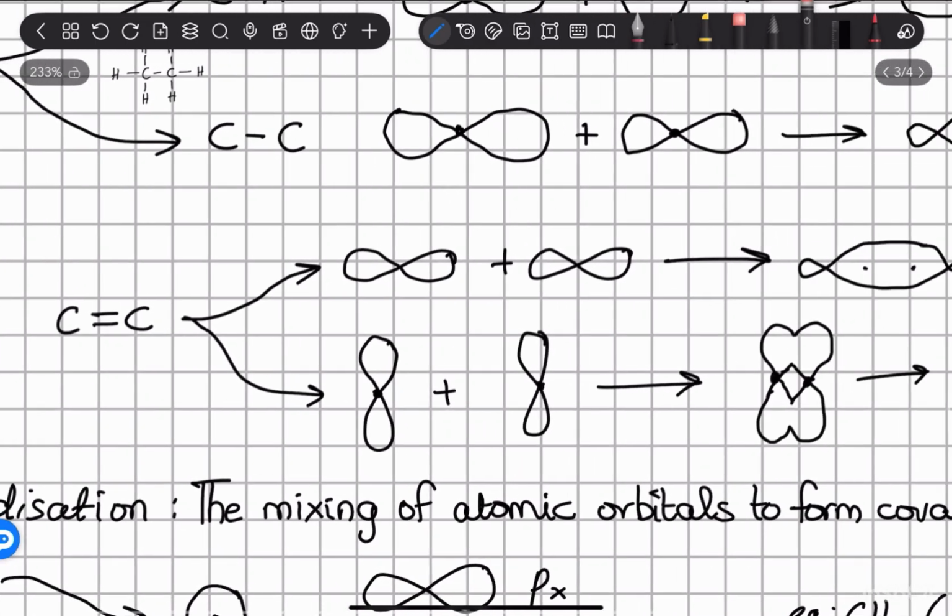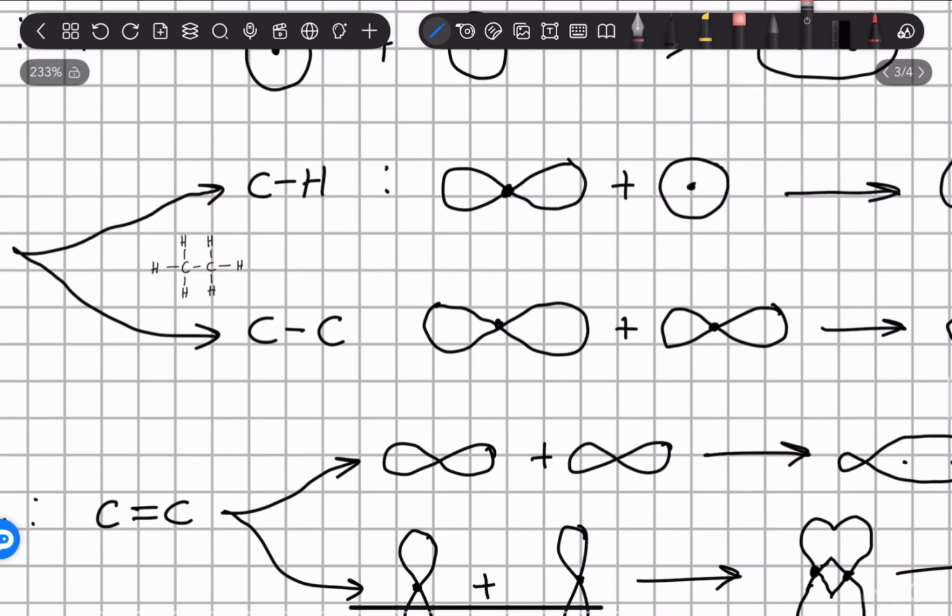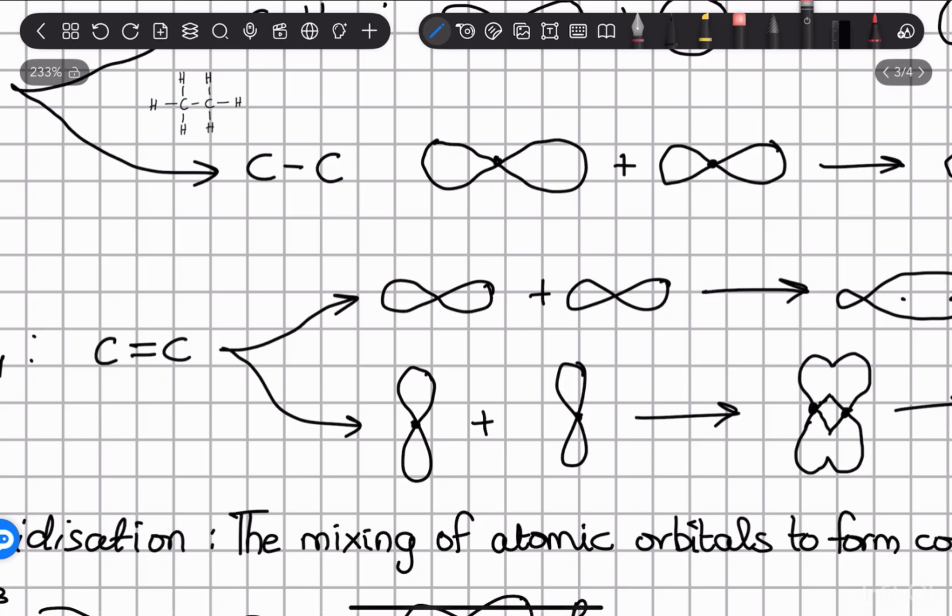The way we have to look at this is the pi bond and the sigma bond. Because we already know the bond between the CH, it'll be the exact same as described for ethane. That's the same for every CH bond in carbon molecules throughout. Or I should rather say organic molecules.